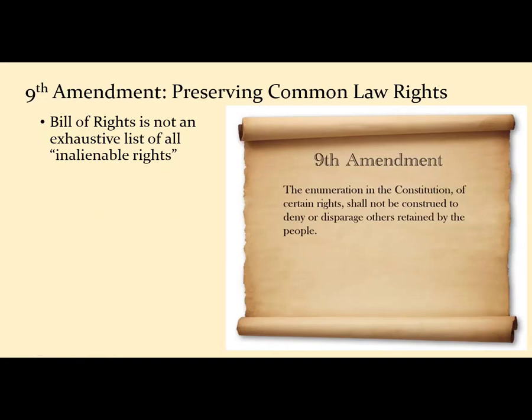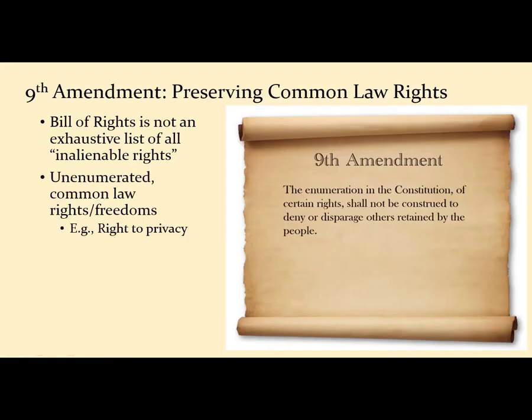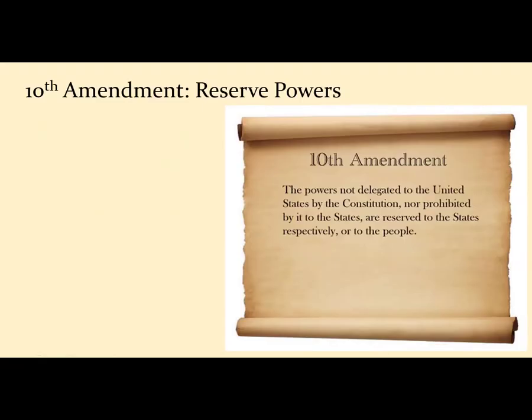There are many other rights and liberties that all individuals have that will be protected by our courts. They'll be recognized, identified, and protected. Those will be the subject of my lecture on unenumerated civil liberties. Example, the right to privacy.